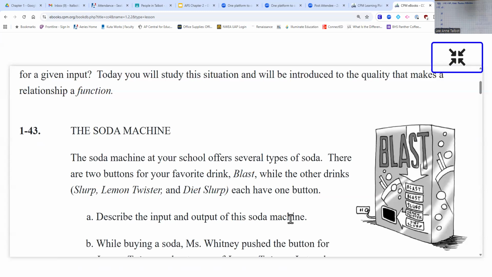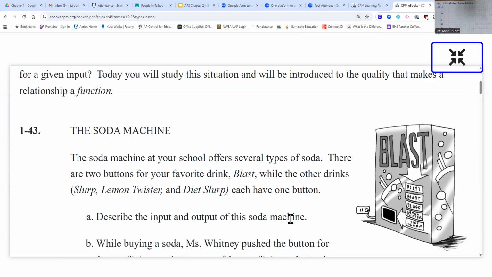Which do you think would be your favorite? I'm going to go with Diet Slurp for me. That's not enjoying our context of soda at all. Okay, so there's 2 Blast buttons, 1 Slurp button, 1 Lemon Twister button, and 1 Diet Slurp button.